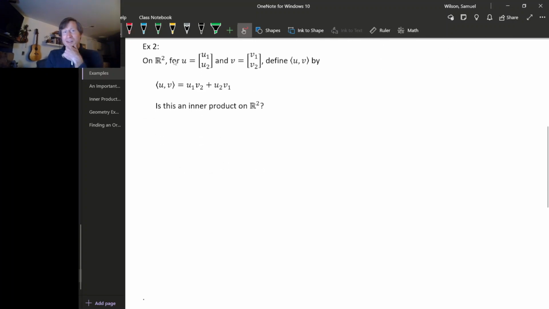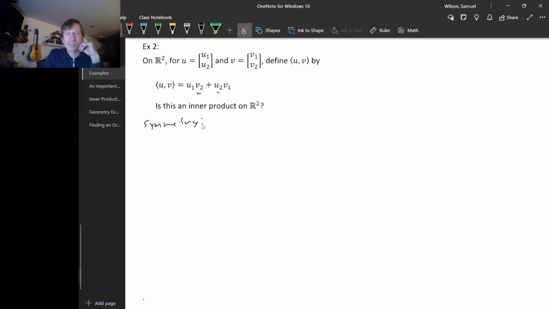All right, for another example, let's have a look at this possible inner product. This is very similar to the dot product, except you can see I've switched the order of which component of U gets multiplied by which component of V. So let's check our 3 conditions to see if this is an inner product.